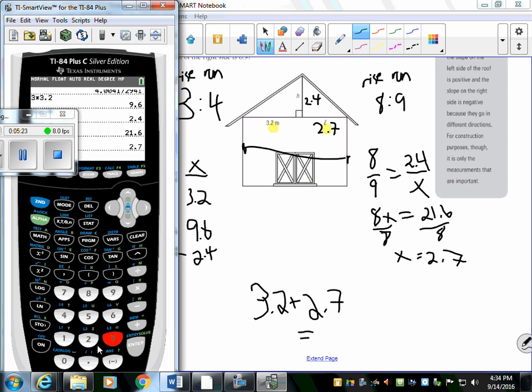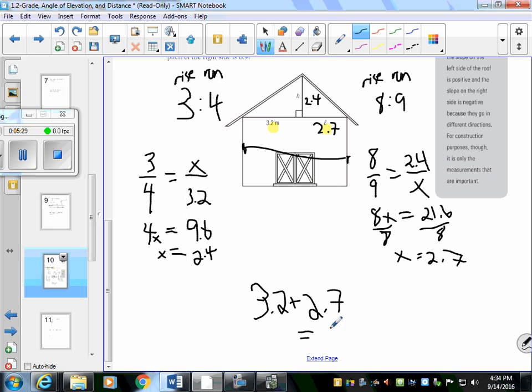So 3.2 plus 5.7 gives me 8.9. So the width of the shed is 8.9. So I would write that as a sentence. 8.9 meters to be precise.